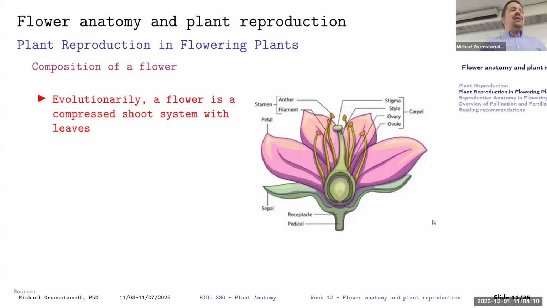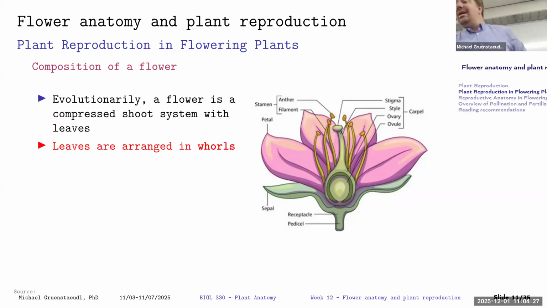That a flower at the end of the day is nothing else but a side branch in plants. A side branch that has been strongly compressed and partially colorized, because the leaves are arranged in what we call whorls.